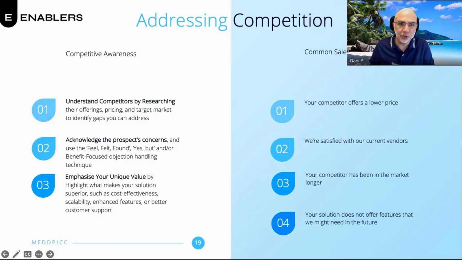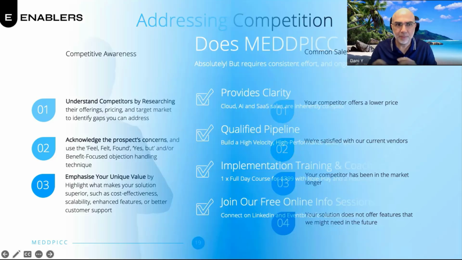Or that your solution meets the requirements today, but doesn't offer the kind of features that they might need in the future. So it's important for you to be able to acknowledge your prospect's concerns, while then using one or more established objection handling techniques to manage the objection and get past the objection. Turn that objection into a maybe and then into a yes.